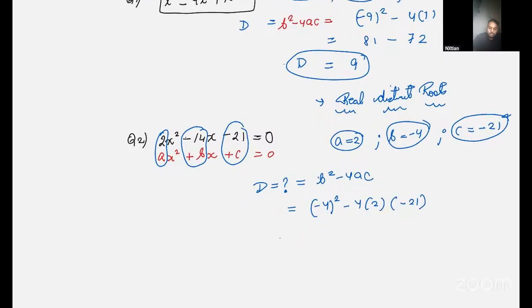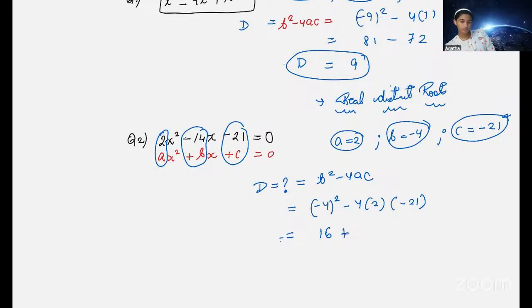So it will become 16 minus 8 into 21, which is 168. Oh, sorry, 168. No, sir, what will it become? 14 square is 196.